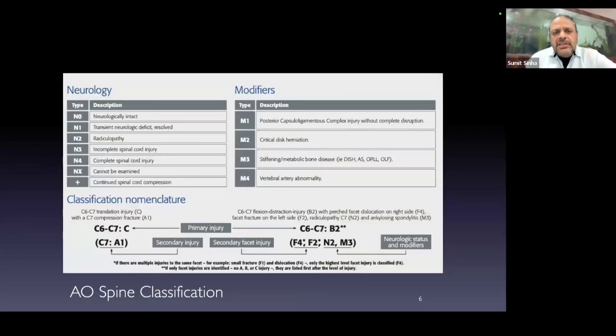Now, there are certain other neurology factors also which have been added by this AO spine classification, which have to be taken into account while deciding your treatment. And there are modifiers also. For example, in spondylitis, you have to take into consideration these metabolic bone diseases also, because they modify your operative approach.